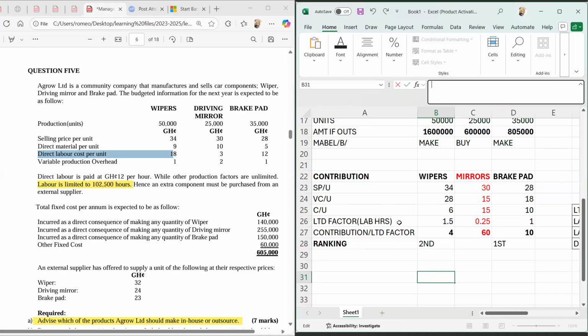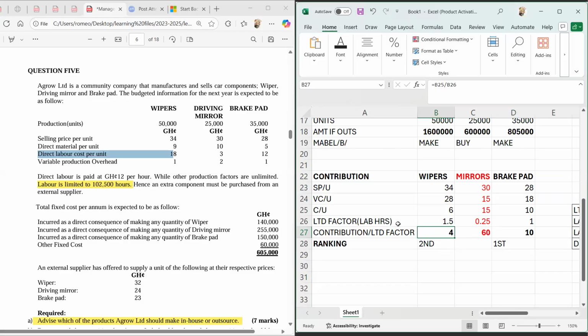Even when the lecturer was explaining, he was like, you shouldn't look at this one when looking at a contribution. You shouldn't look at this one when this one is giving you the highest, so you pick it, then you end up leaving this one because this one is giving you the least. The add or drop decisions are related to those kinds of instances. But this one, there is no negative. We look at the contribution per the limited factor we have.